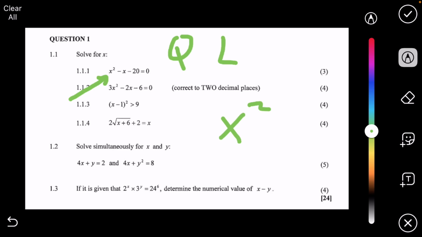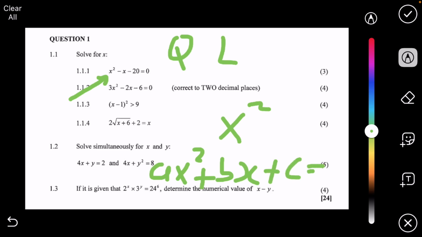The other question that I'm going to ask myself, is it in the standard form? Remember guys, when you're given an equation, for it to be in the standard form, it should be ax squared plus bx plus c, and all of this should be equated to 0. If the given equation satisfies that part, then it means it's in the standard form.